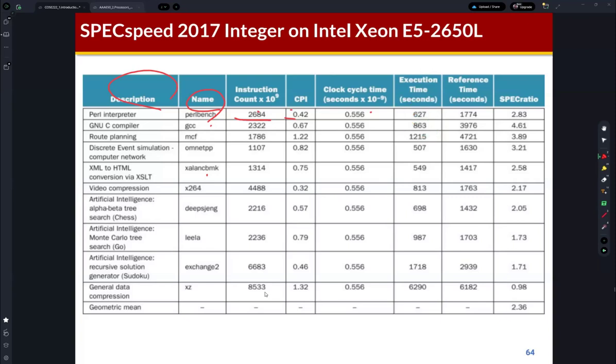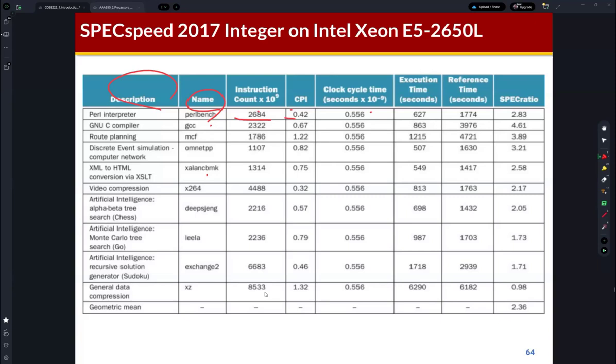Then how can we measure the performance? What is required? Another system, like a reference system, right? In order to measure the performance of a computer system, we need to compare.